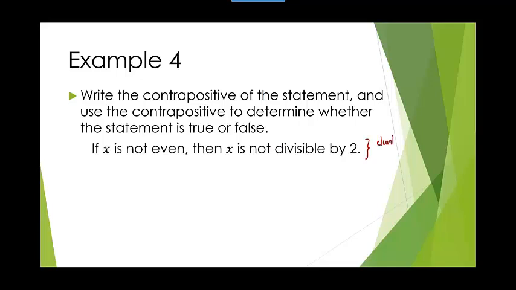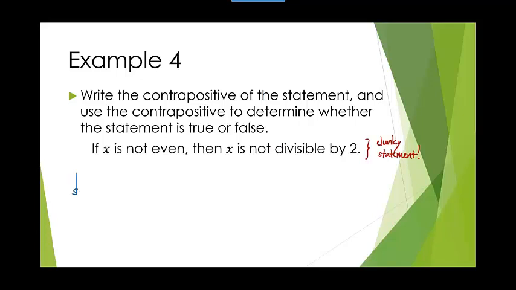This is a pretty clunky statement. The more negations a sentence has, the harder it is to parse what the sentence is saying. So we're going to make this a little simpler by writing the contrapositive and then use the contrapositive instead.